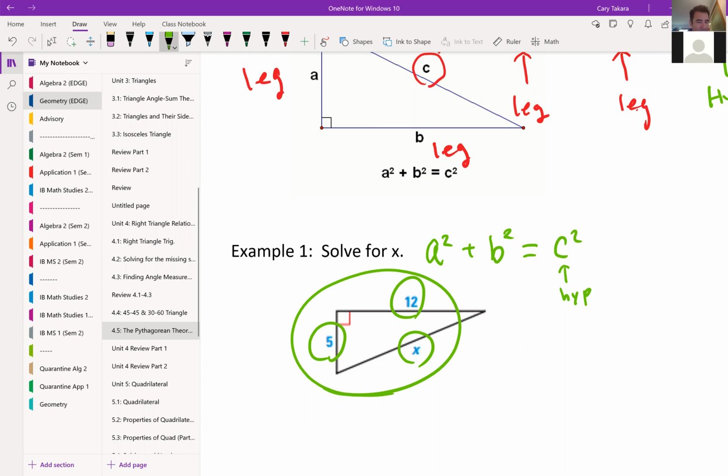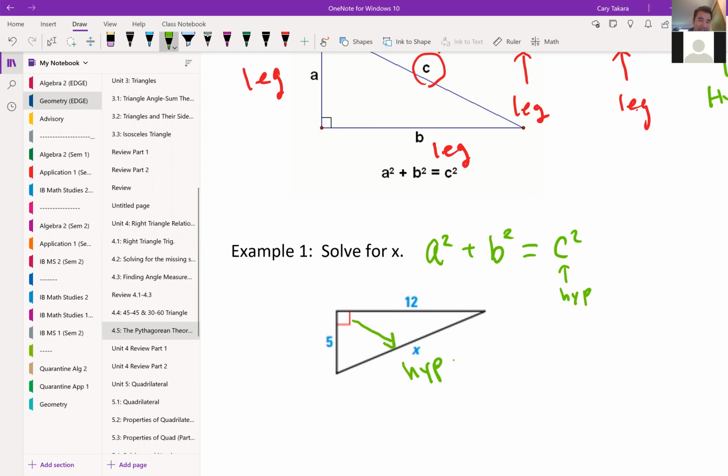The 12? Or the x? Very good. X is the hypotenuse because it's the side across from 90 degrees. That means that's C. In other words, 5 and 12 are going to be A and B.